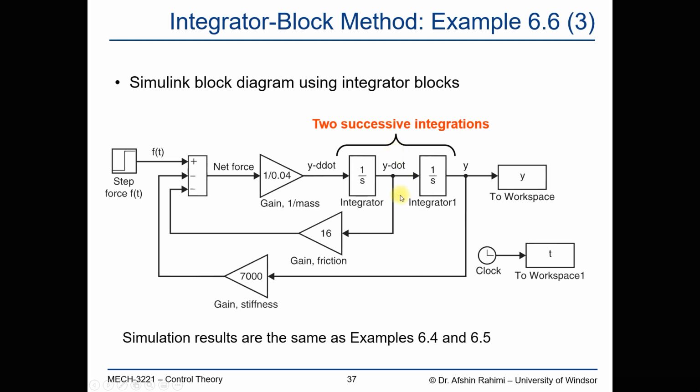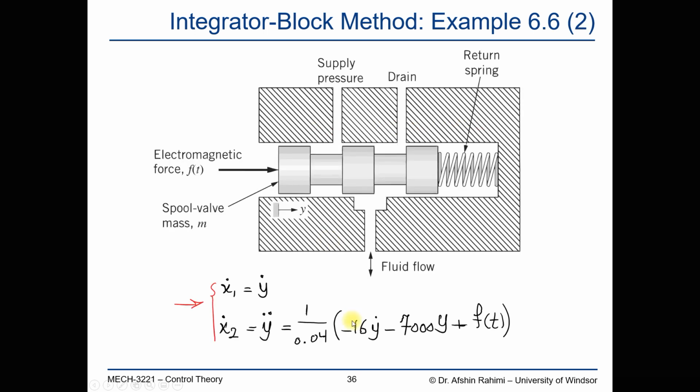And we should be able to use this integrator block to integrate our terms and obtain our outputs. Now note that in this one, because we do not have a transfer function or the state space representation, we actually have to build these equations for ourselves.